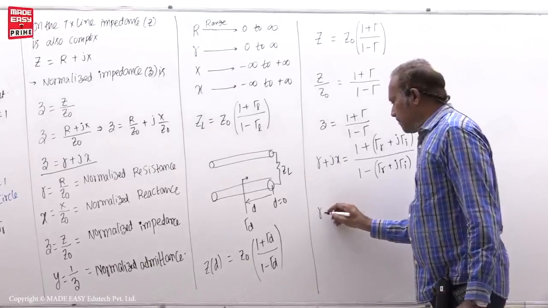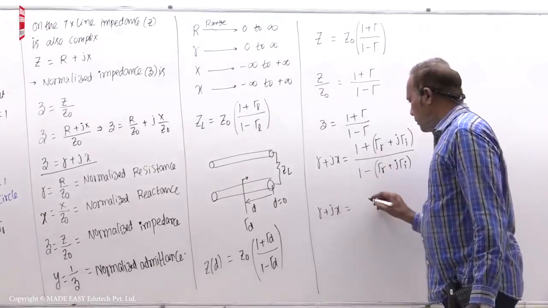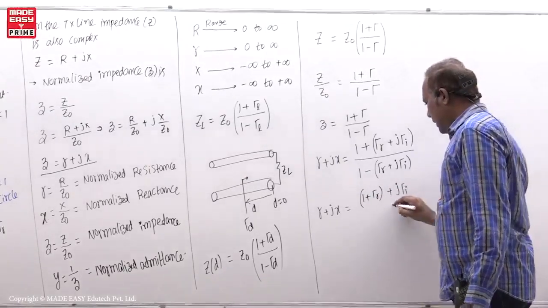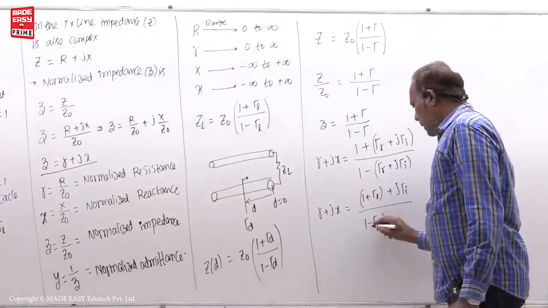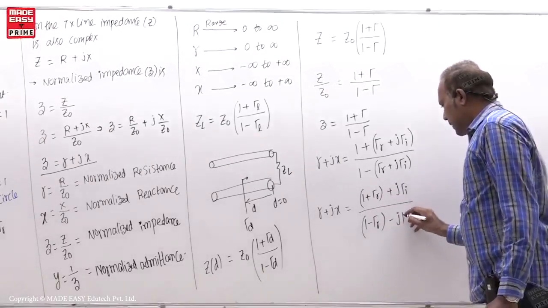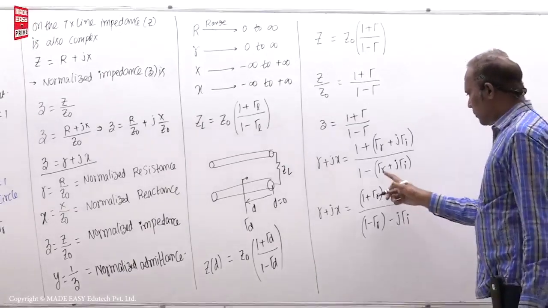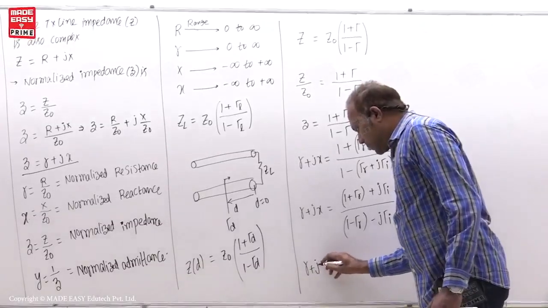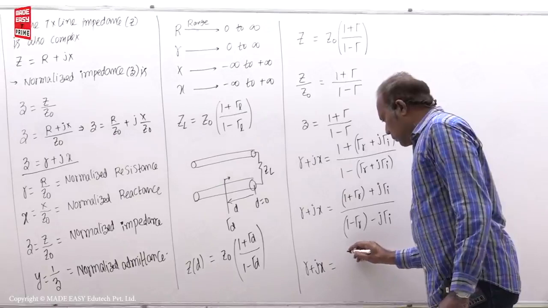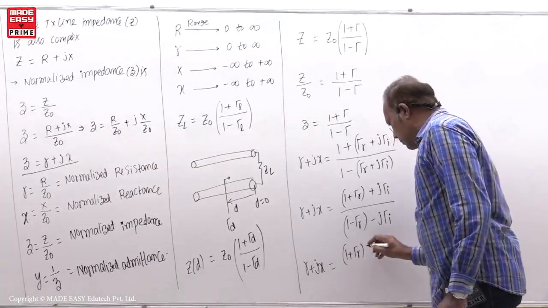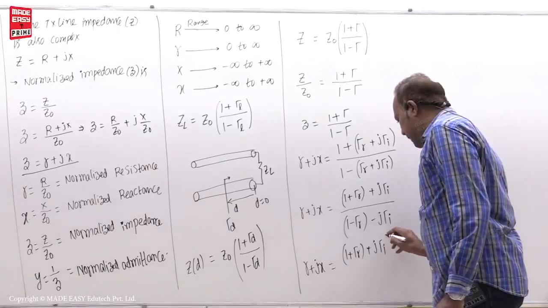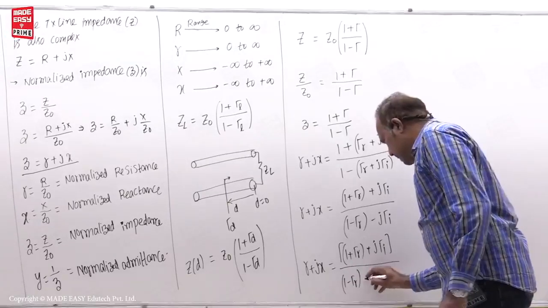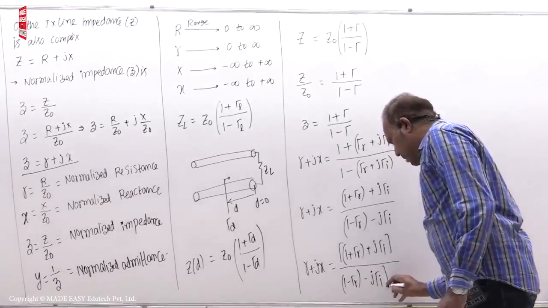Now r plus jx is equal to (1 plus gamma real plus j gamma imaginary) divided by (1 minus gamma real minus j gamma imaginary).